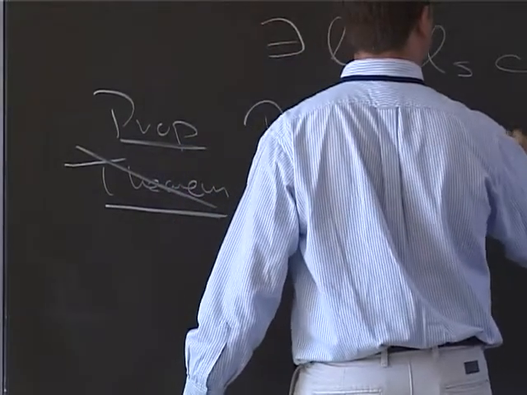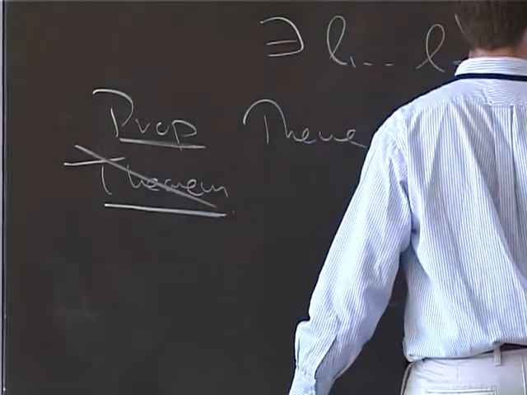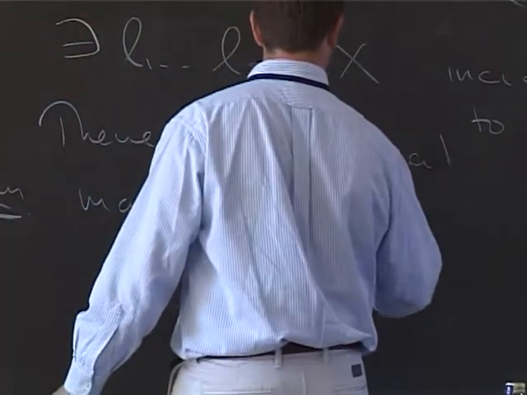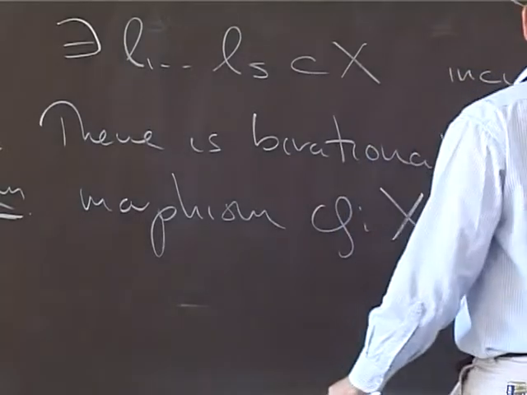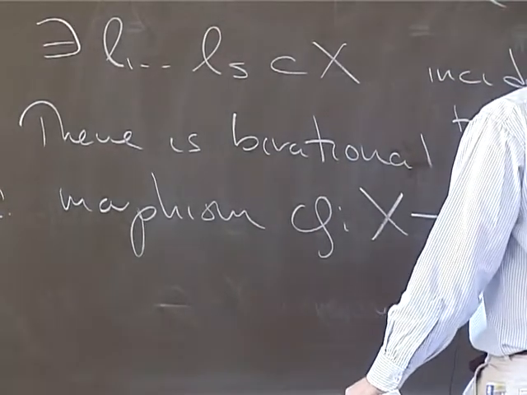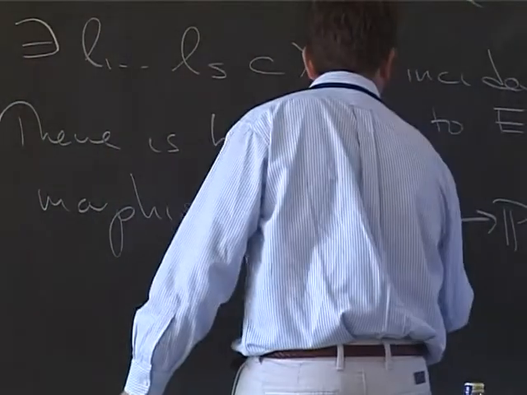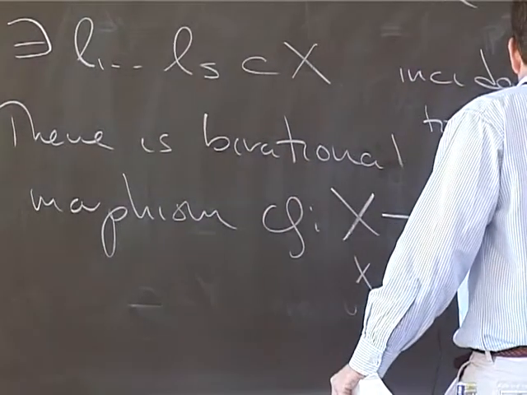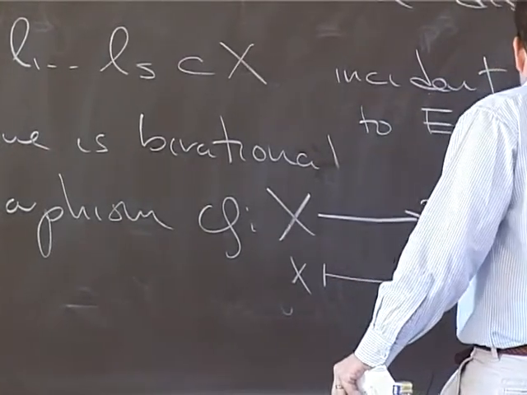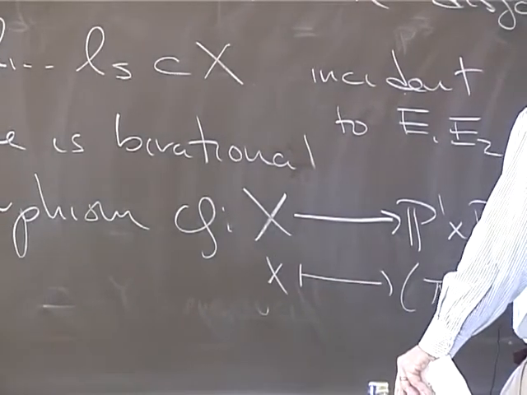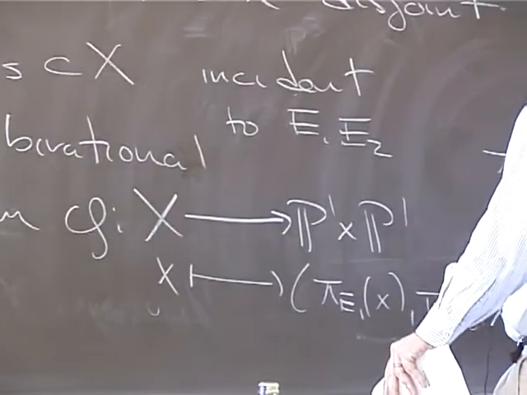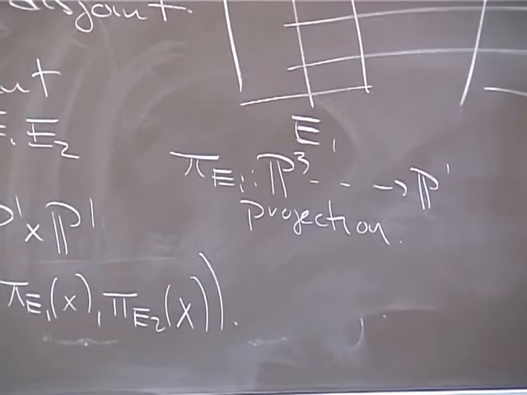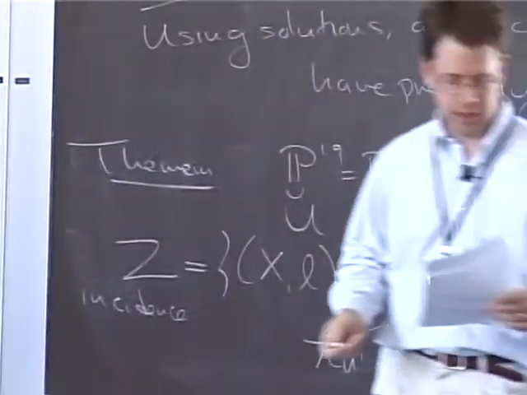a birational morphism from X to P1 cross P1, taking the point X to its projections under these maps. You might claim that this is only a rational map, but its indeterminacy is a divisor, so there's really no indeterminacy.